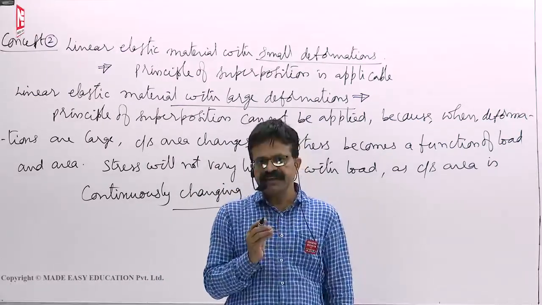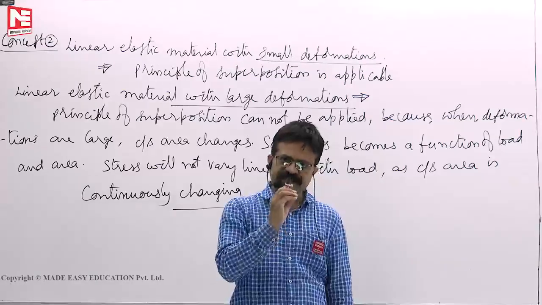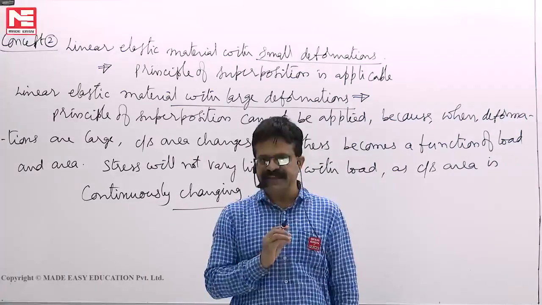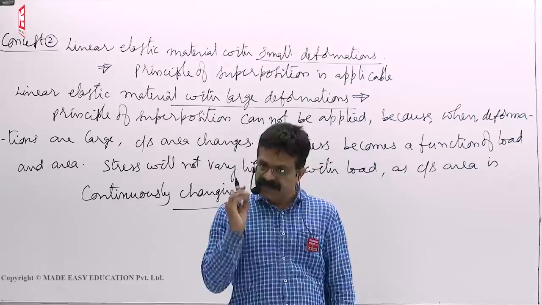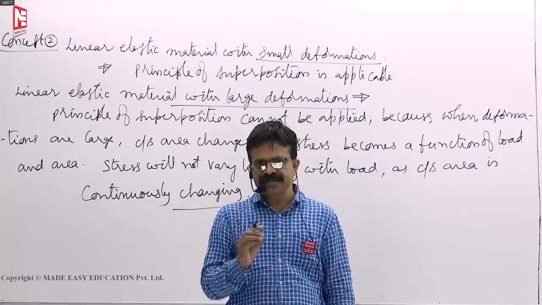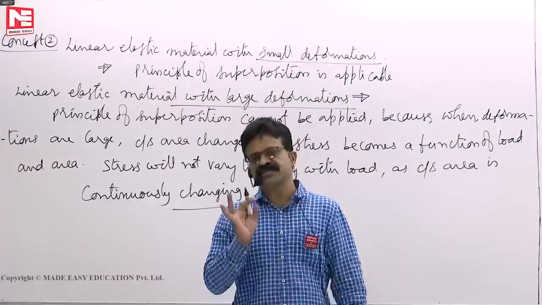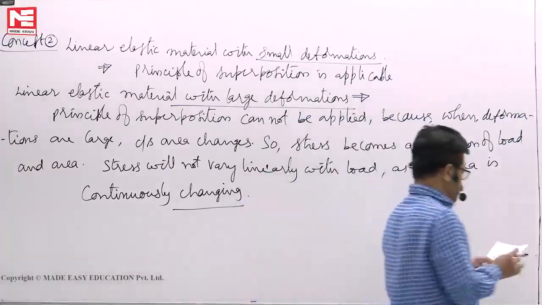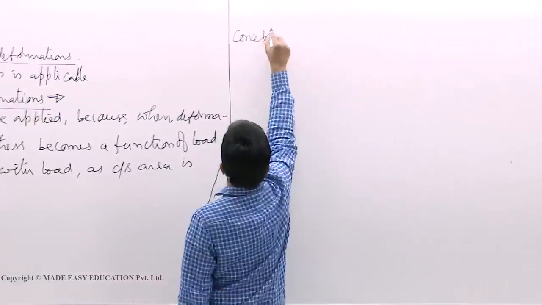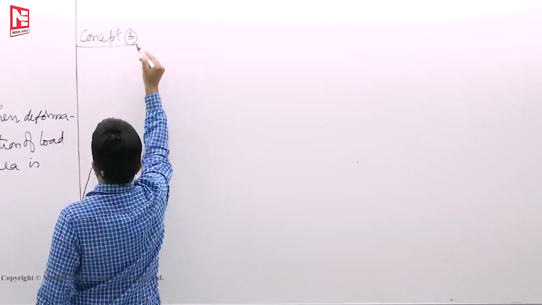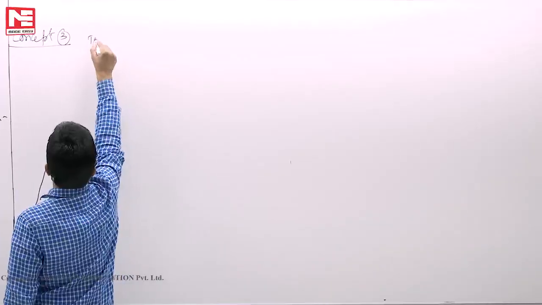Material non-linearity, that means basically the stress versus strain itself is not linear. Second one is geometric non-linearity. Geometric non-linearity exists because of the large deformations in the structure. Okay, so that we take as the third point: types of non-linearity.